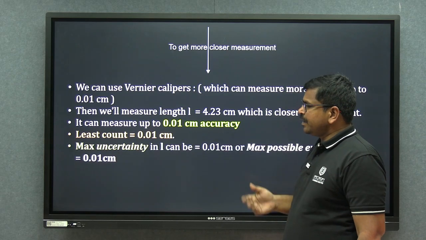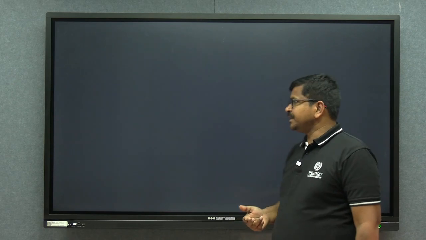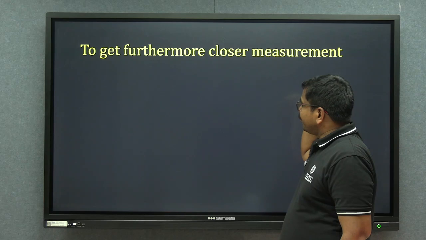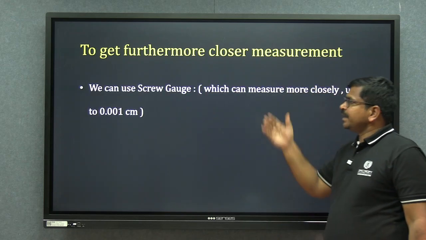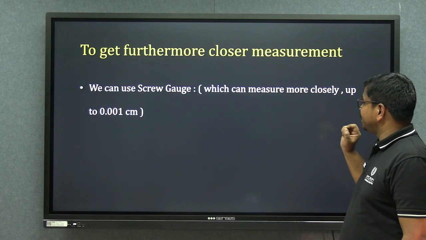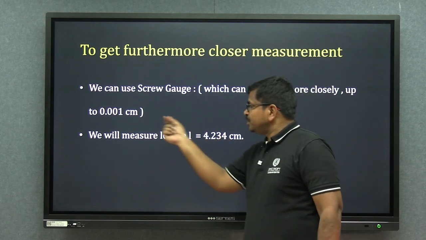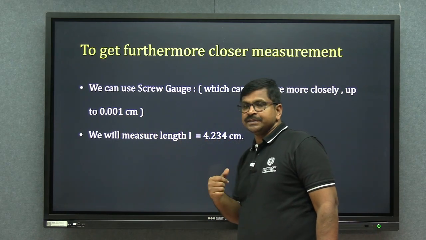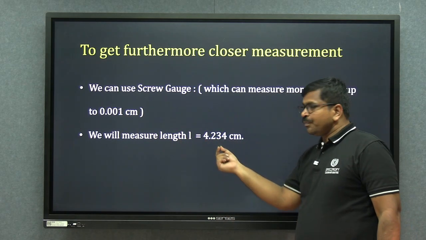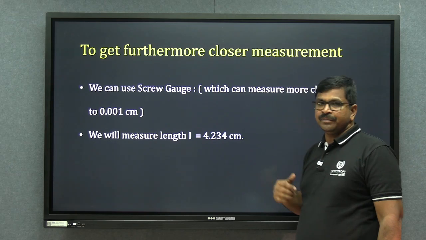Suppose I take another instrument, let us say to get even closer to the measurement, I can take a screw gauge, and in a screw gauge we can measure up to 0.001 centimeter accuracy. That means 4.234 centimeters.